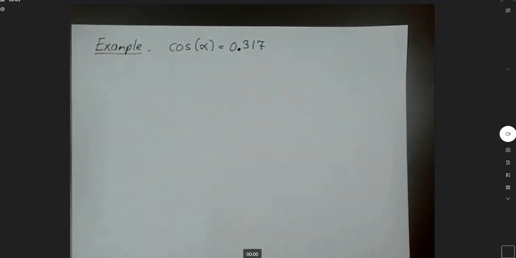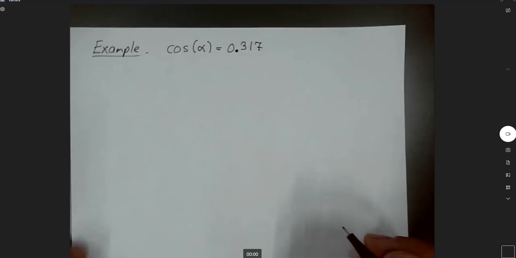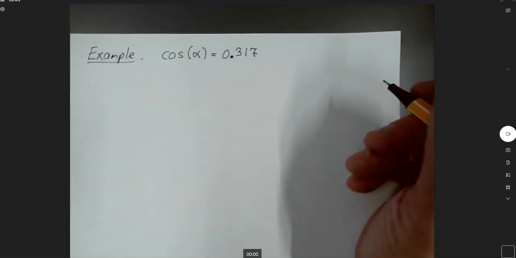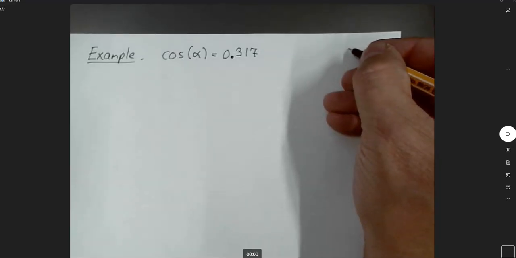At first you might think that the solution would be exactly the same as for a sine equation, but there is one difference. We will see it soon.